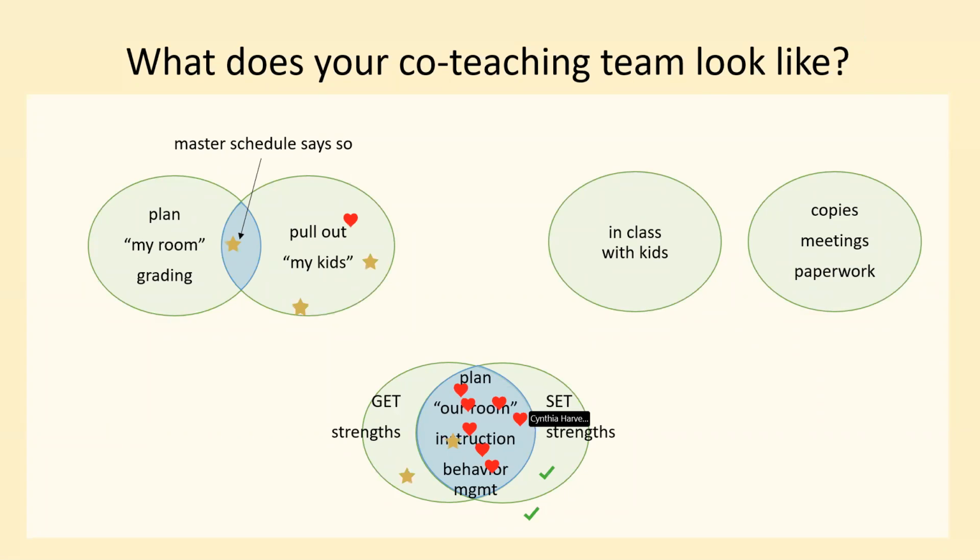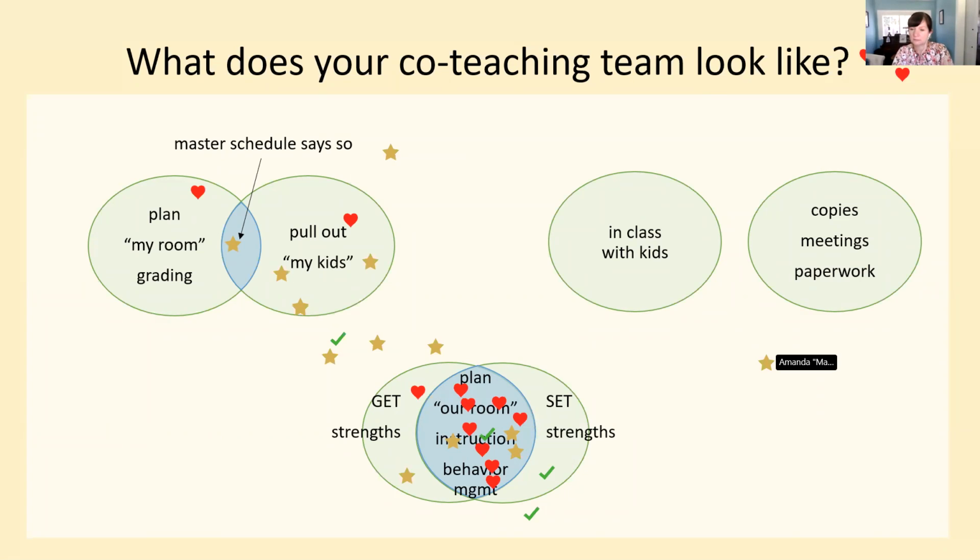Thank you so much. So we've got three things up here, really. There are three basic types of co-teaching relationships. In some, the master schedule says you're co-teaching, but really you're not. One teacher teaches in their room and the other teacher pulls out, and that's the way it goes.